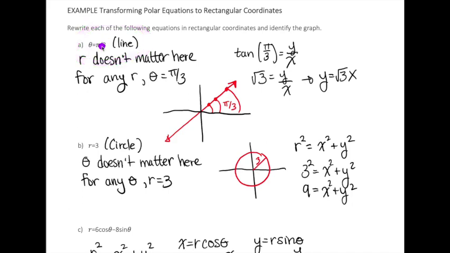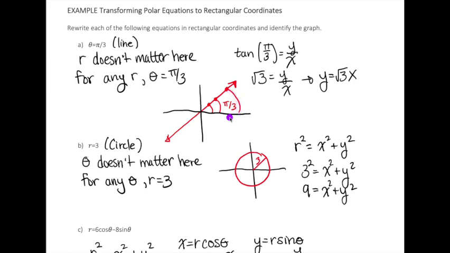So the same idea lies here. Because r is not in this equation, think about it as r could be anything, and it doesn't matter what r is, the angle is pi over 3. So when we look at the graph, no matter what value of r we come out to, we're going to have an angle of pi over 3.